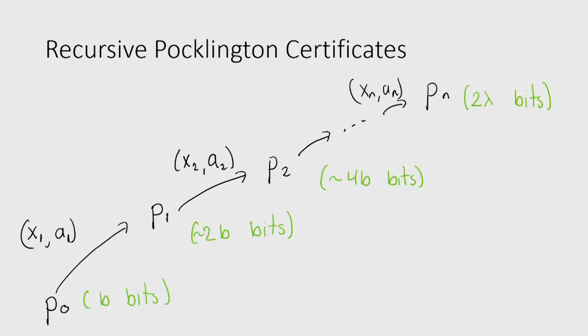The fact that you can double the size of your primes in this way suggests that you might be able to construct recursive Pocklington certificates of large primes, where you start with some base prime, p0, which maybe you verified as prime using a lookup table or some other primality test, and then you bootstrap your way to larger primes, doubling the bit width each time. And each time you're using a Pocklington certificate. So what you end up with is this recursive Pocklington certificate that's based on some sort of base primality notion.